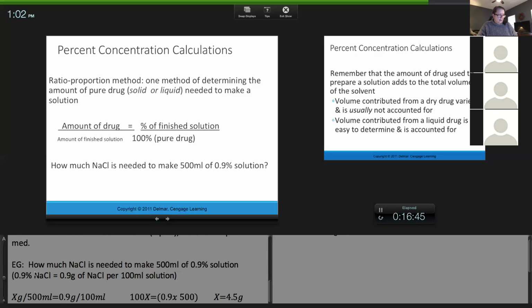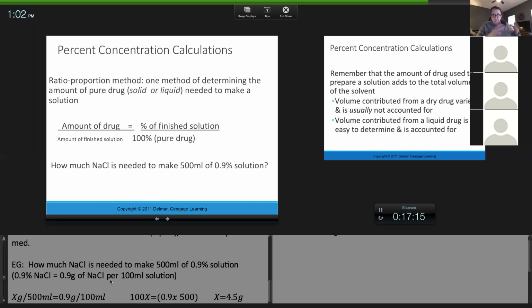You want a 0.9% NaCl solution. If I set it up, how many grams of NaCl are needed to make a 500 mL solution? The solution needs to equal 0.9 grams per 100 mLs, because I want a 0.9% solution. 0.9% is 0.9 grams per 100 mLs.